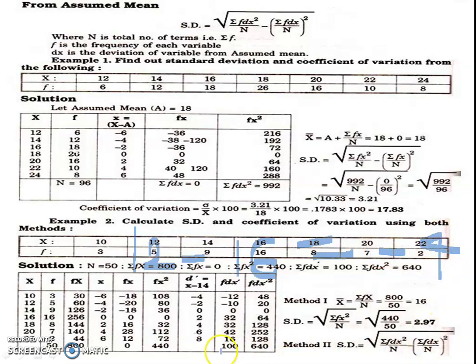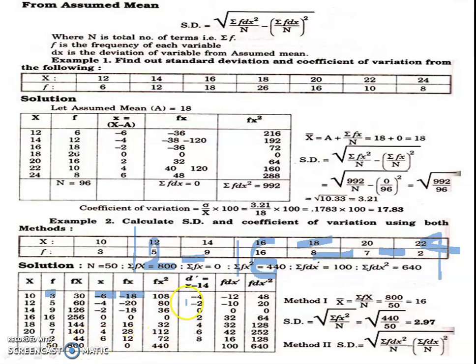So we derive it this way: minus 6, minus 4, minus 2, 0, 2, 4, 6. Now we have to take f into x. Minus 6 into 3 is minus 18. In this way, 5 into minus 4 is minus 20, 9 into minus 2 is minus 18, 16 into 0 is 0, 8 into 2 is 16, 7 into 4 is 28, 2 into 6 is 12.